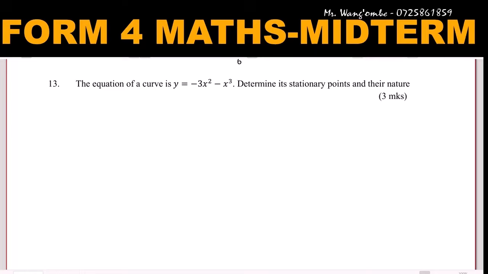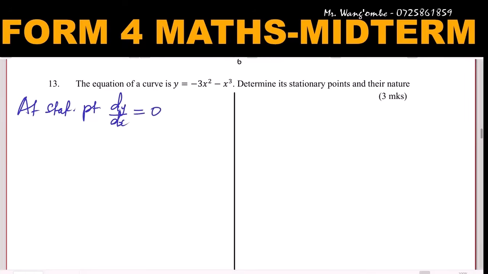So one thing that we need to understand before solving this question is that at stationary points of a curve, the gradient is equivalent to 0. So we need to get the gradient function, and we differentiate this function with respect to x.